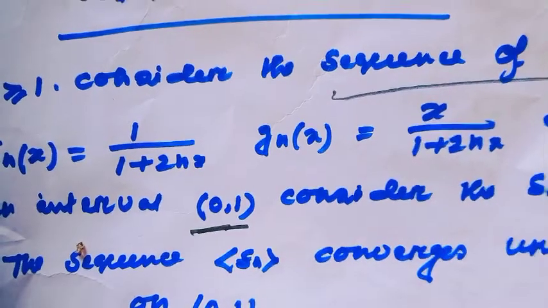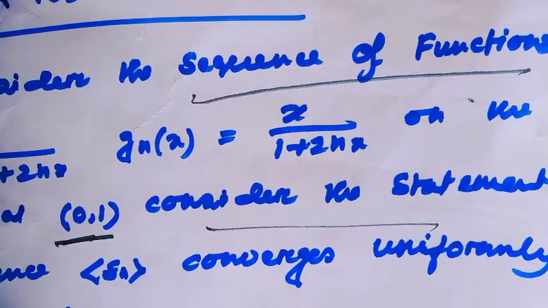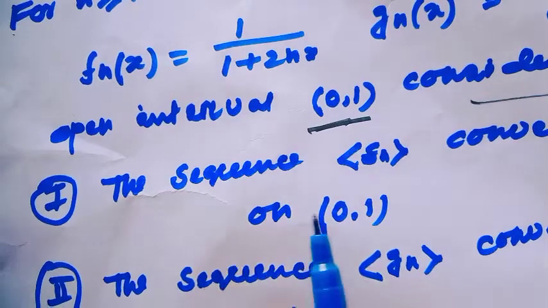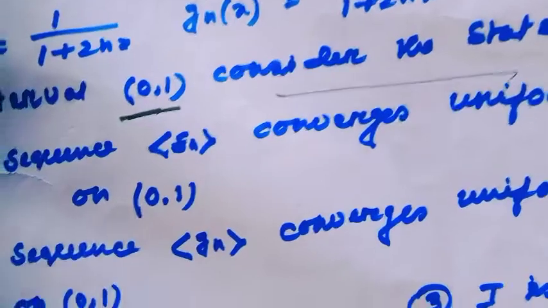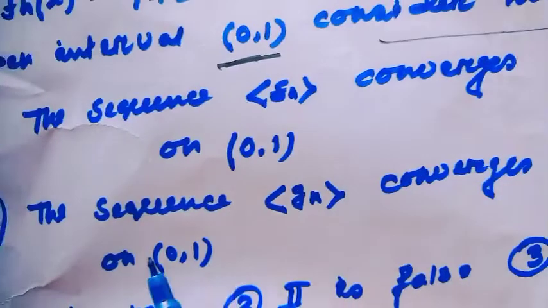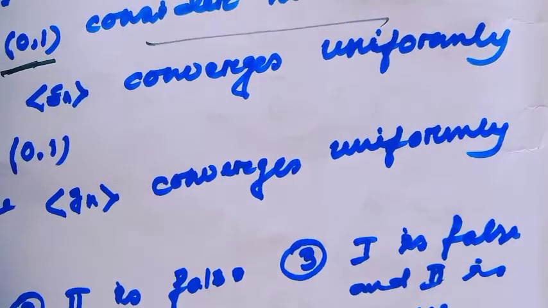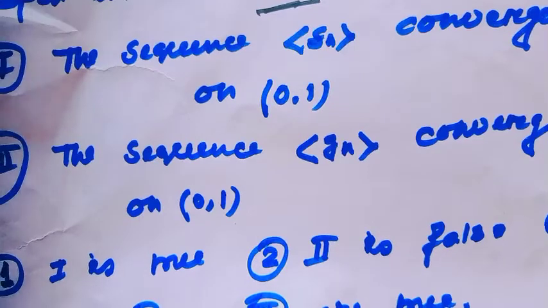Then consider the statements. First option: the sequence f_n converges uniformly on the open interval (0, 1). Second option: the sequence g_n converges uniformly on the open interval (0, 1).